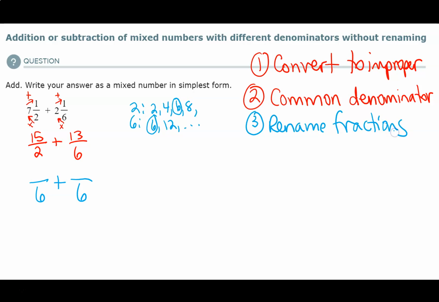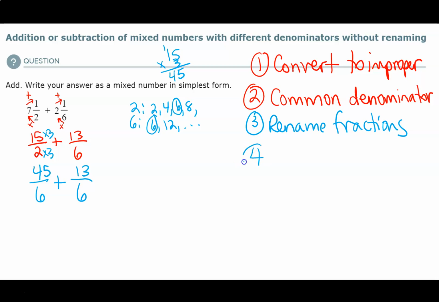Okay, so to get my 2 to become a 6, I multiplied by 3, so I'm going to do the same to the top. 15 times 3, 45. And this fraction already has the denominator that I need, so I'm going to leave that alone.